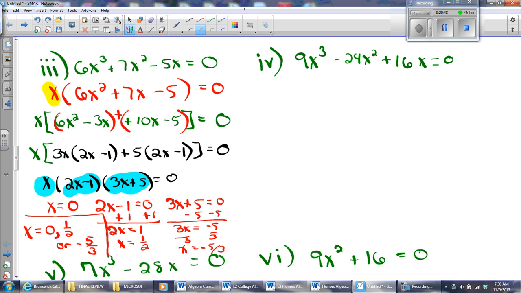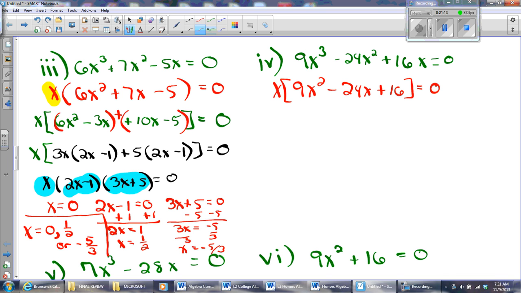And here, problem number 4. Looks like I got a GCF hiding in there. And so I'm going to pull out that x, and then I'm going to have a 9x squared minus a 24x plus a 16. Now, I mentioned special patterns. Look, I don't want to multiply 9 times 16 and break down the factors. What's it going to be, 254, I think?